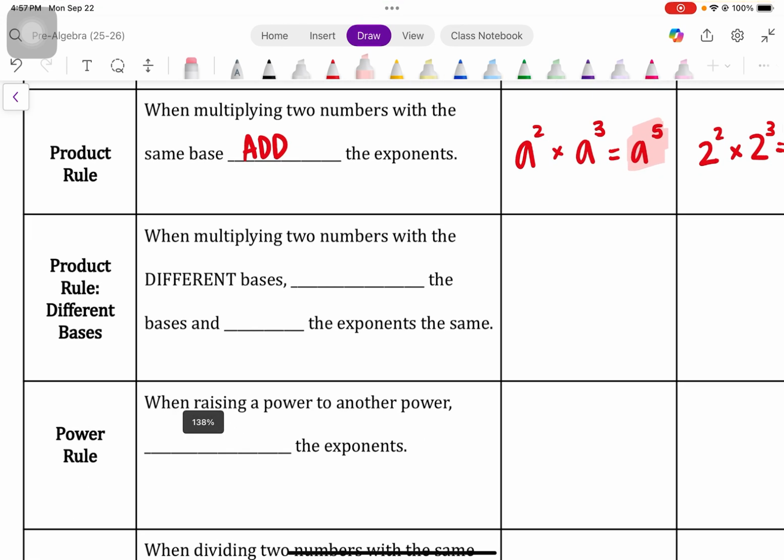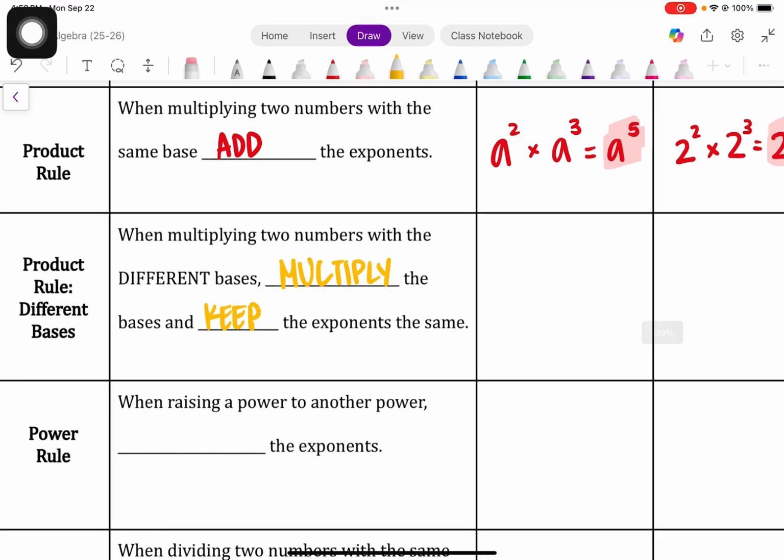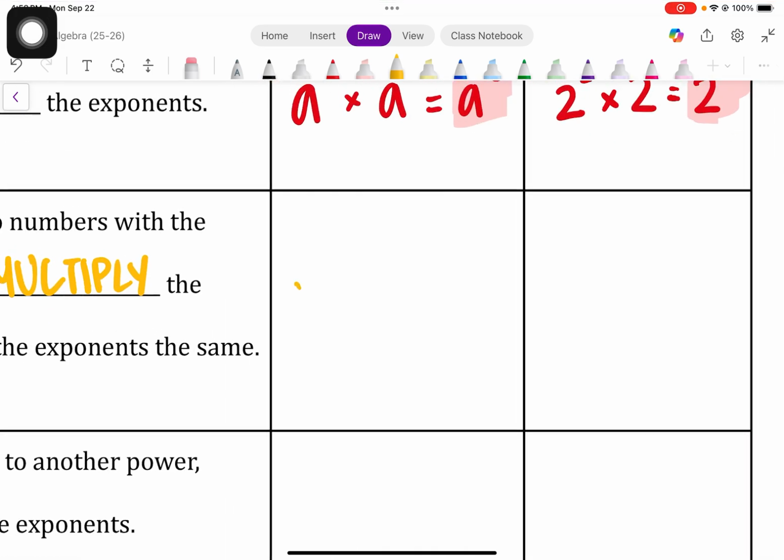When we're talking about the product rule for different bases, when multiplying two numbers with different bases, we multiply the bases and we keep the exponents the same. So what would this look like algebraically is if we had a squared times y squared equals (a times y) squared.